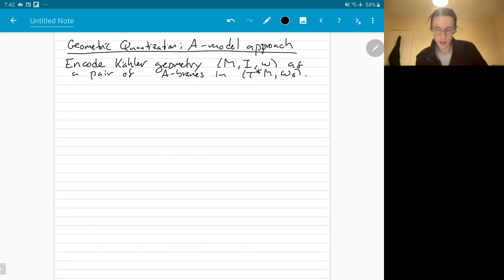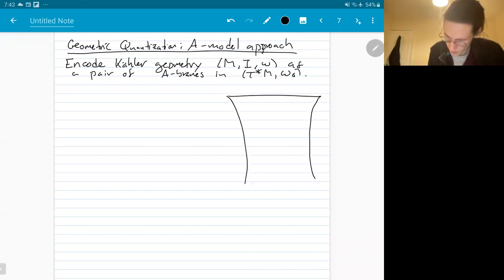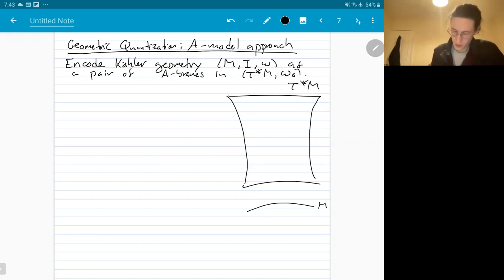So this is a canonically defined symplectic manifold that we have for any manifold. And we want to encode the Kähler geometry as a pair of branes. So let me draw the cotangent bundle. Here's M, and here's T star of M. Here's the fibers of the projection.